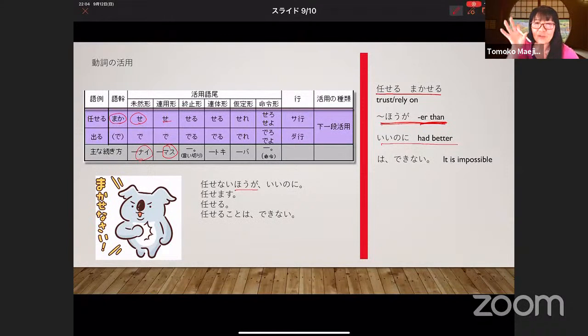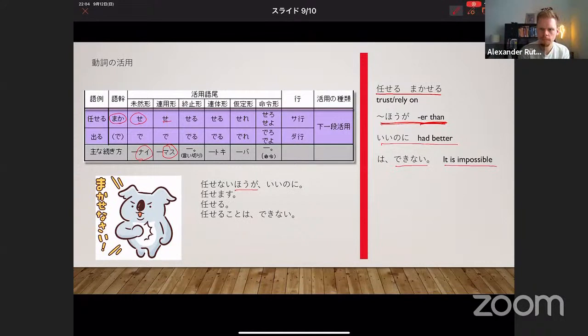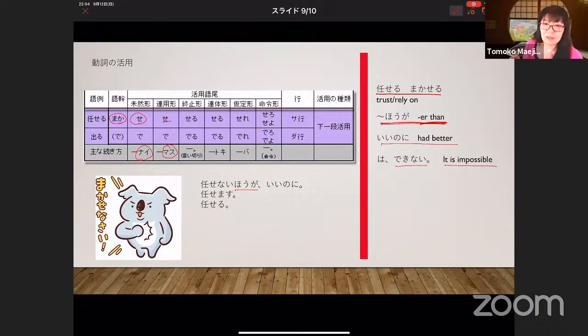And what is next? You conjugate with こと. And できない, impossible. So it is impossible to trust the koala. You conjugate with こと: makaseru and koto.